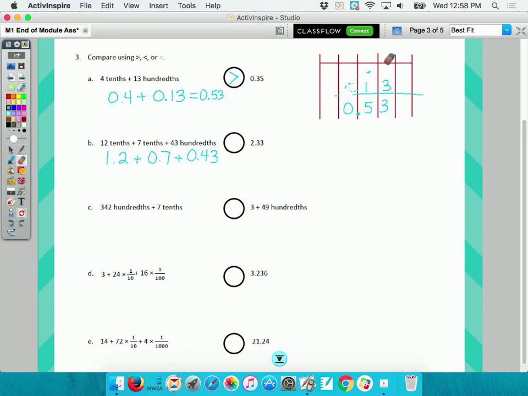So what am I probably going to do? Put it on the place value chart. So I would do 1.2, 0.7, and 43 hundredths. Okay, let's see if you get the same thing that I'm about to get.